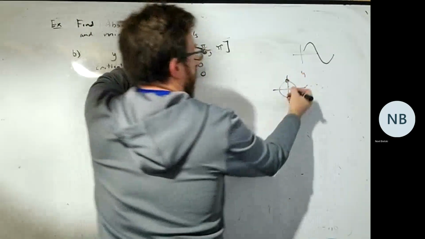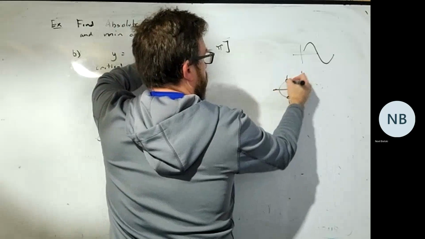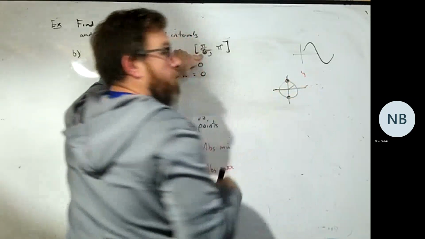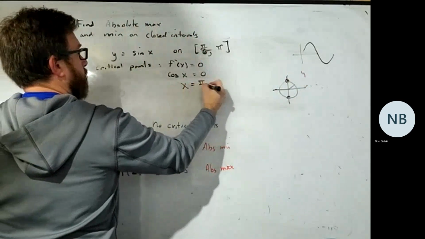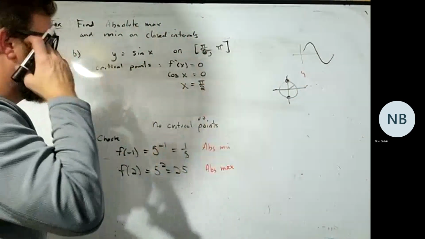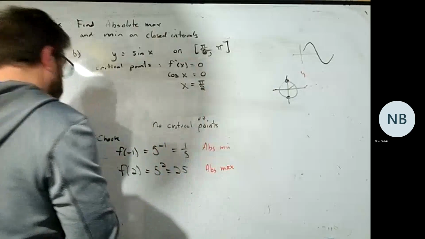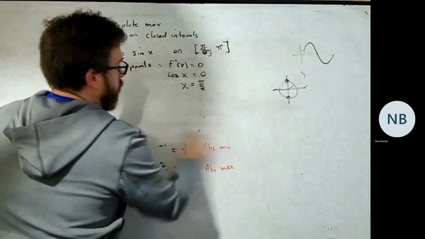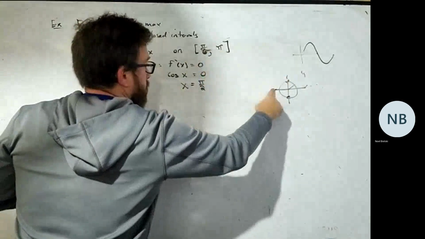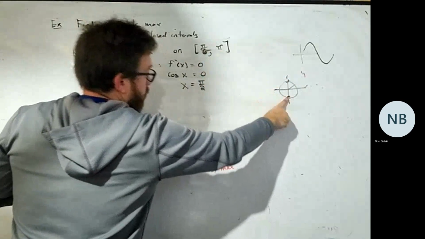Since I'm only going from pi over 6 to pi, the only spot it's going to be equal to 0 is pi over 2. So this is when x is pi over 2. That's the only critical point on that interval, because since I stop at pi, which is halfway around the circle, I never get to that.